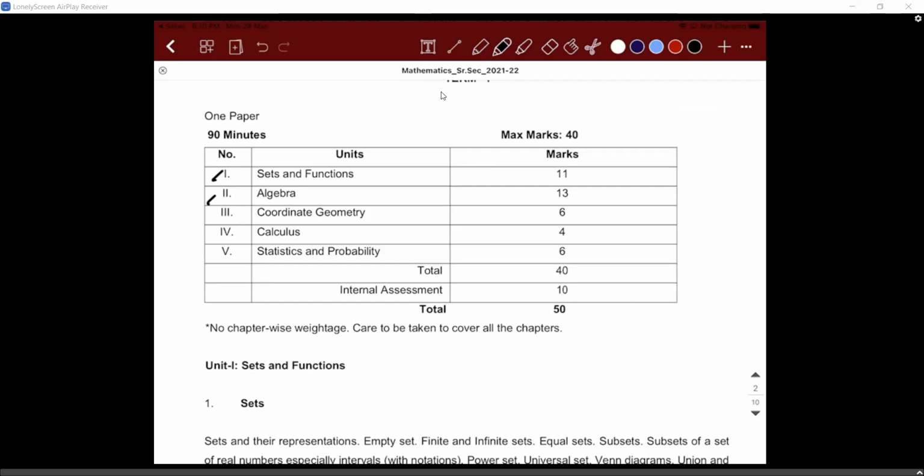If I give you random data, your job is to arrange all the data in a particular format and give it to me. So you'll take the help of which branch? Obviously, sets.